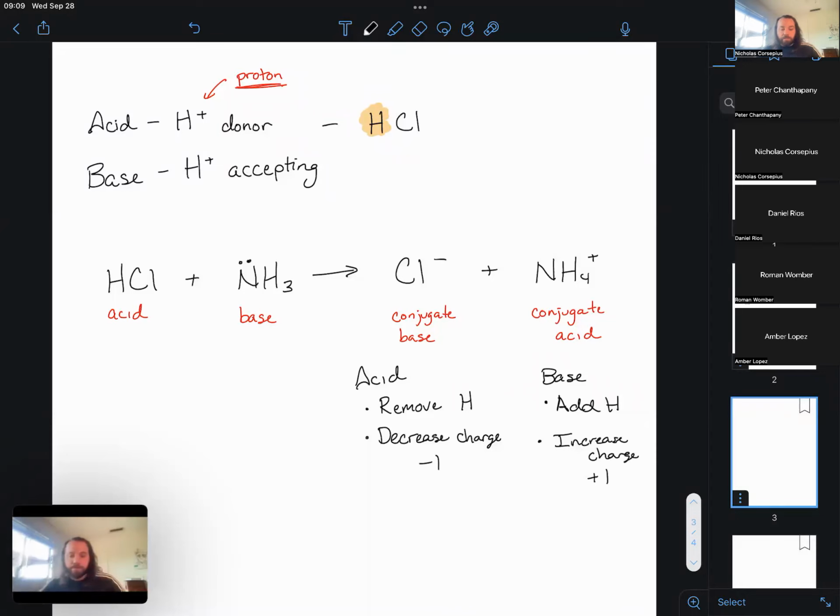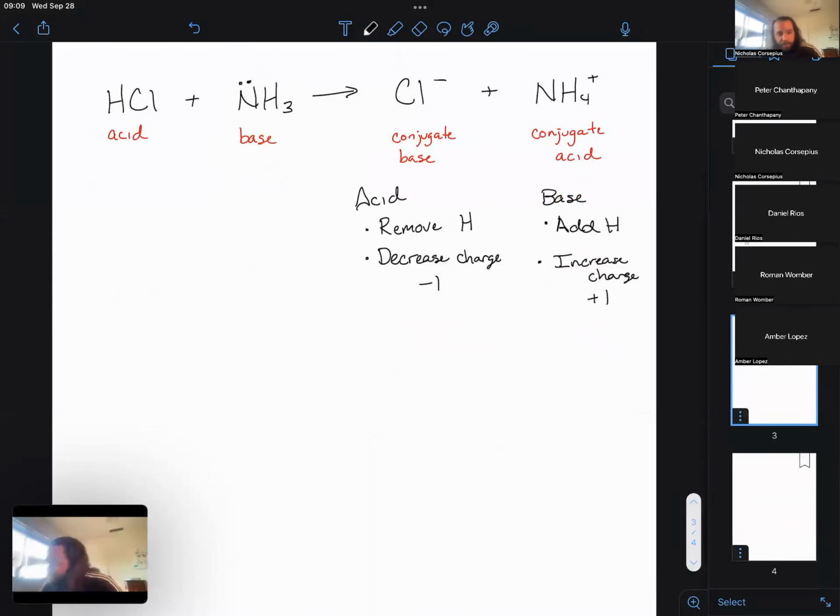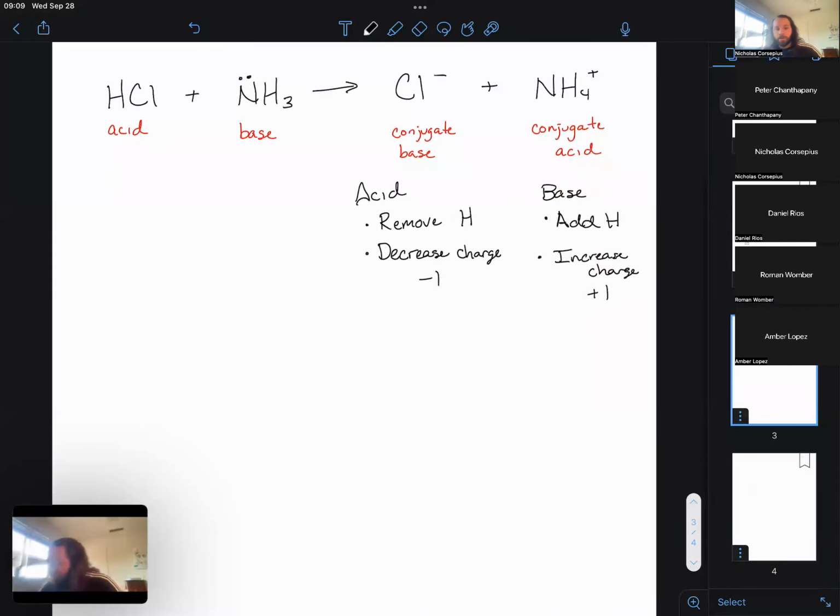Okay, so being able to predict the products of an acid-base reaction is like step 1, or we're in big trouble. All right, so let's just make sure we got that skill down. I'm going to give you another acid and base combination, and you're going to tell me what exactly the conjugate acid and conjugate base are. We're going to make it a little bit trickier.